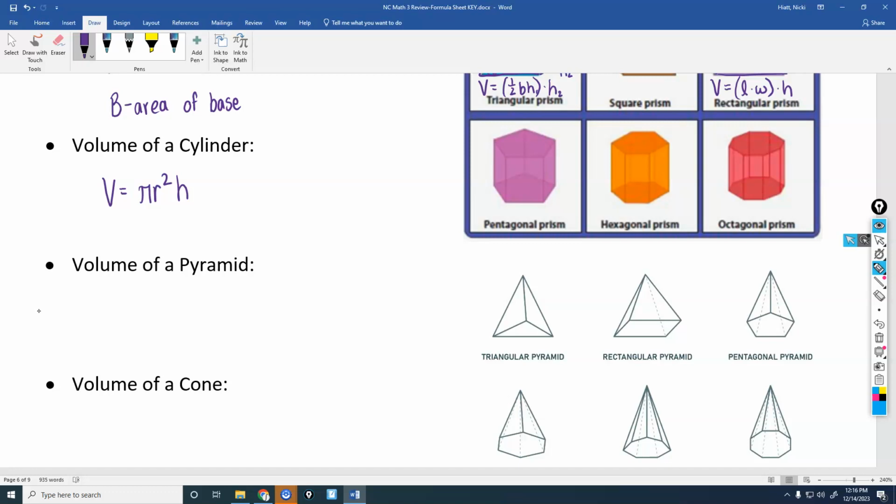Like at water coolers, a lot of times they'll have those cone cups. They only hold 1/3 of what a cup that same size would hold. So volume is 1/3 area of the base times height. And for a cone, volume is 1/3 pi r squared times height.